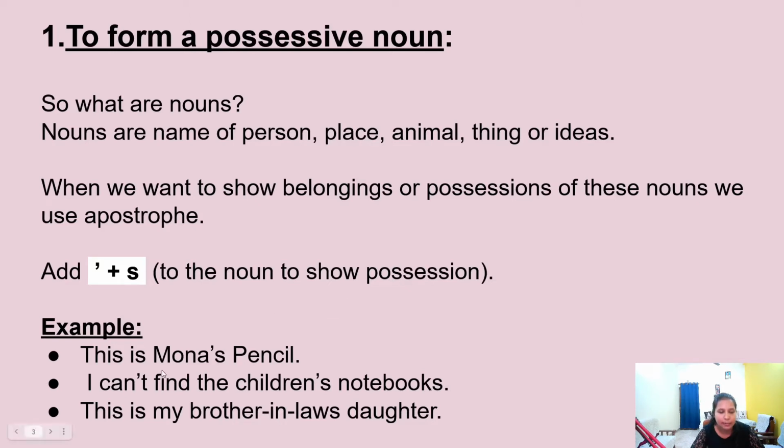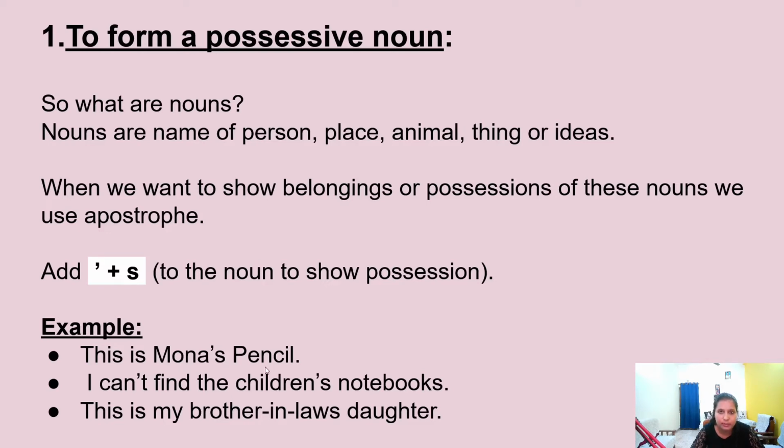For example, this is Mona's pencil. The pencil belonged to Mona, and that's why we have used apostrophe plus s here to show the possession of the pencil to this noun. This is a proper noun, and we want to show possession of the pencil to this noun, and that is why we have used apostrophe s.